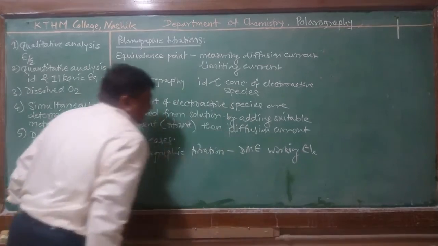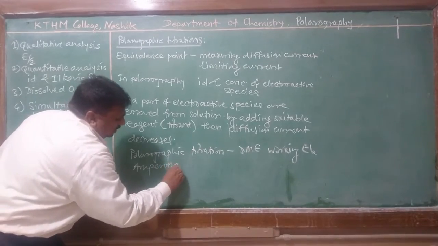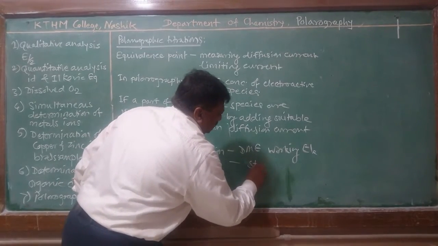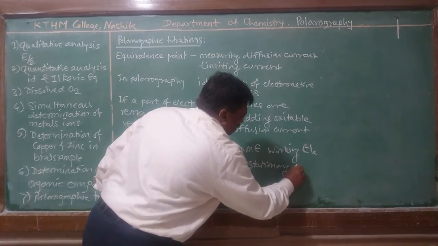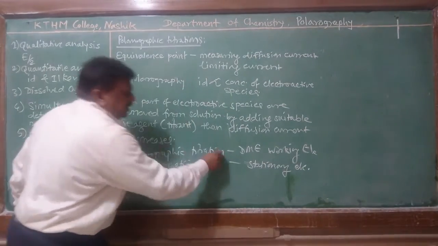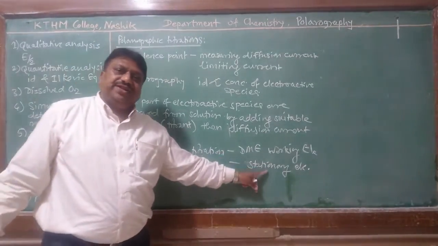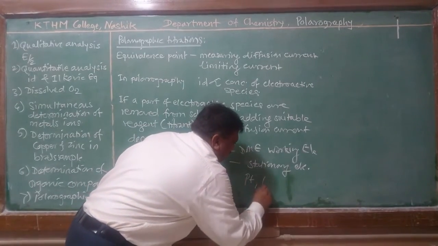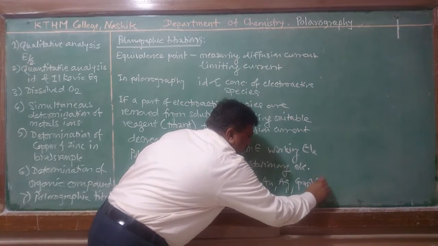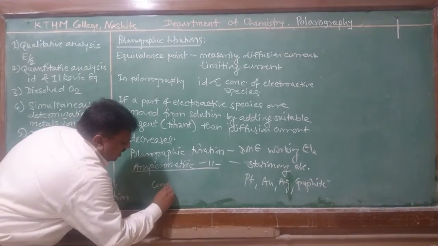and similarly it is called an amperometric titration when another stationary electrode other than the DME is used. If the DME is used, then it is a polarographic titration. If the titration is carried out using another stationary electrode like platinum, gold, silver, or graphite, then it is called an amperometric titration, because in this titration current is measured.